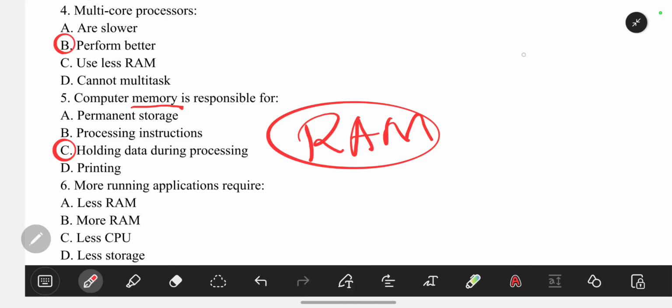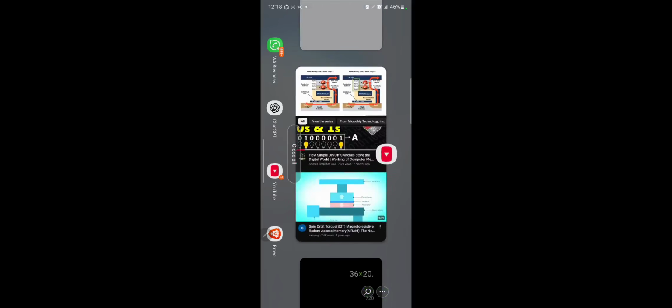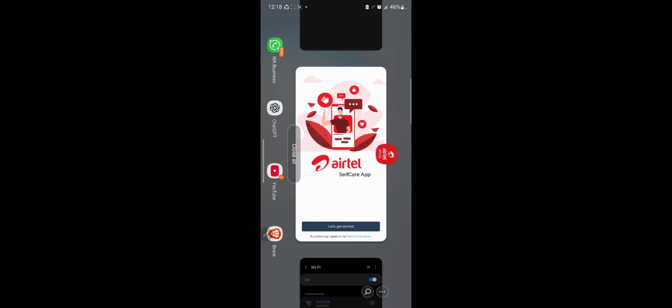So the example that we might have is this. These operations that we are running in the background are using the memory. So it temporarily stores data and instructions currently in use. So all this is being stored so that it is available to the CPU.